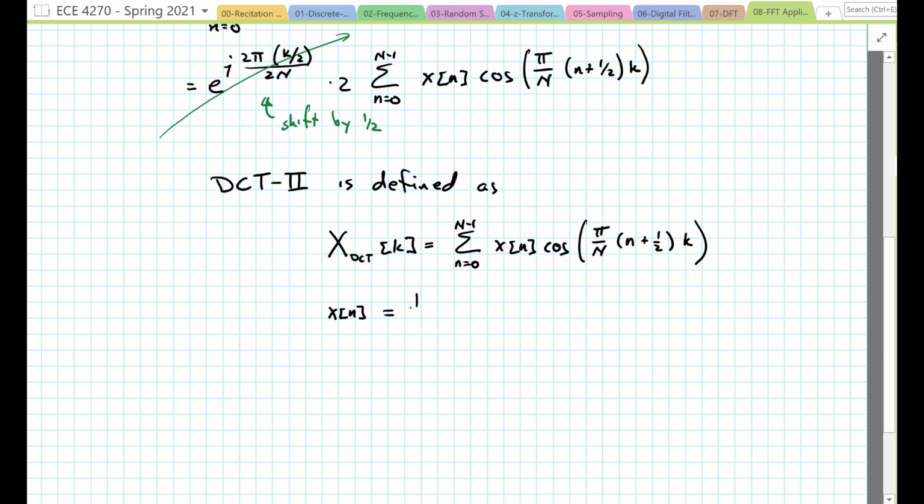There's also the inverse DCT, and you don't normally have the subscript DCT, but I'm doing that just to differentiate it from the DFT in this particular case while I introduce this. It is very similar.